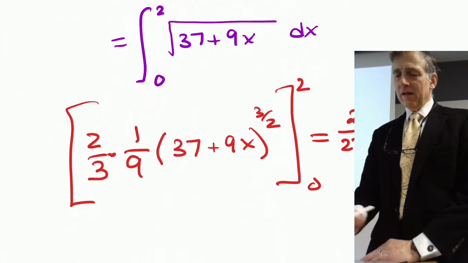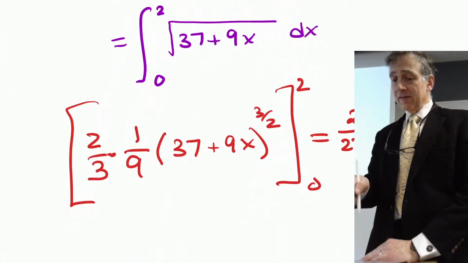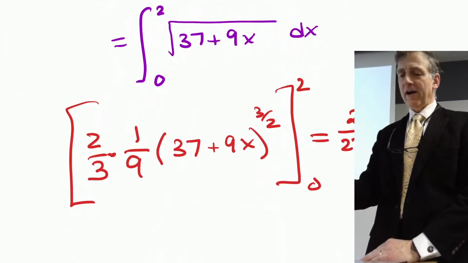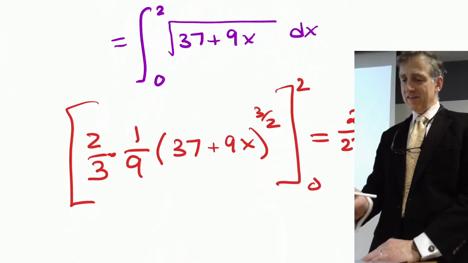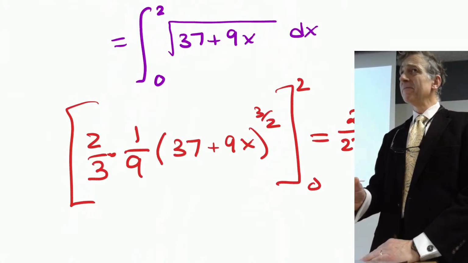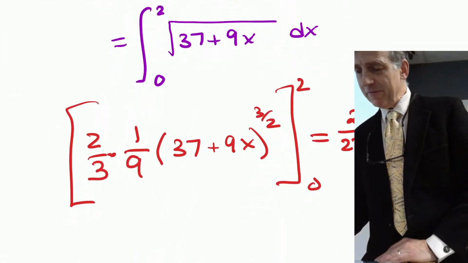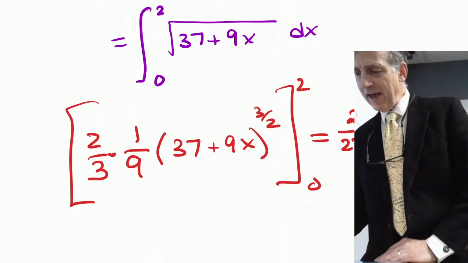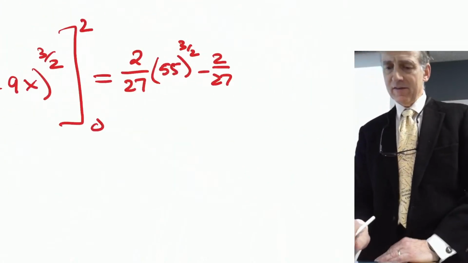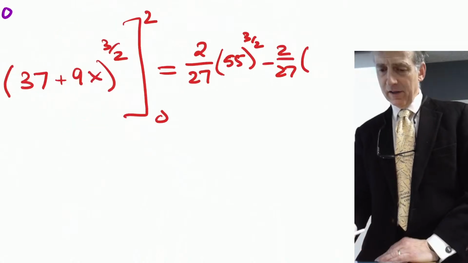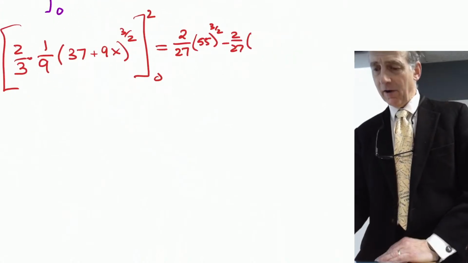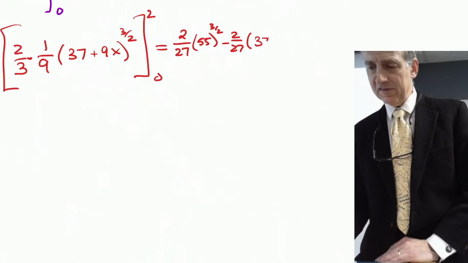Anyway, so we have 2/27 times, I'll do this more carefully, 37 plus 18 is 55. All right, not getting a lot of love from you. 55, so we got 55 to the 3/2 minus 2/27 times, let's see, 37 plus 0, which is just 37 to the 3/2.